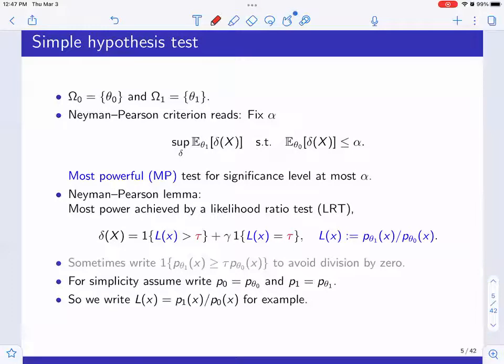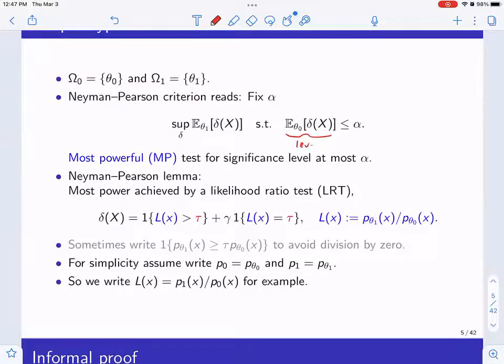Then the significance level is just the supremum over the null parameter space, but there's just one element there, so you get the expectation under theta naught. That's the level of the test. I want this to be less than or equal to alpha. And this is just the power of the test. I don't need to take the infimum; the infimum over omega 1 would just be equal to the power at theta 1.